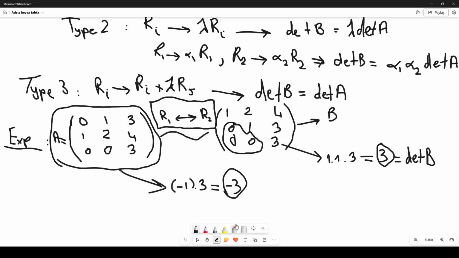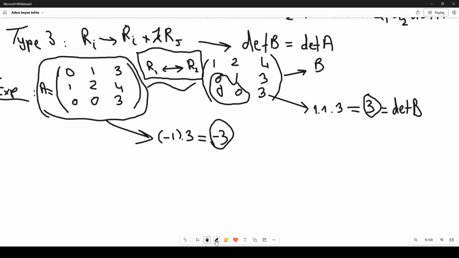But by the way, if I want to continue, guys, I can continue. So now I have a row echelon form. But if I want to continue and turn this matrix into reduced row echelon form, I can continue this elimination process. That doesn't change the value of the determinant at all.